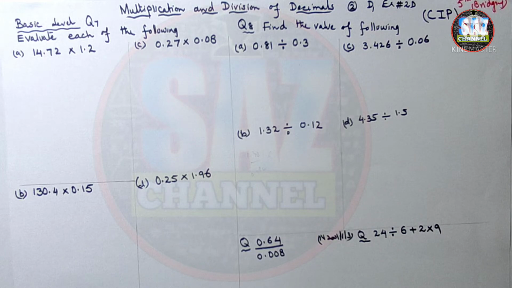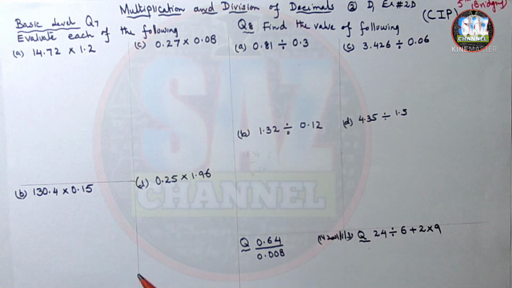So I am making these videos so that my O2 and O3 students can understand and grasp the concept easily before their O-level examination. In this class, students, I've selected D1 exercise 2D's question number 7 so that my juniors can also benefit from this lesson, and my senior students can also watch and understand the concept properly.